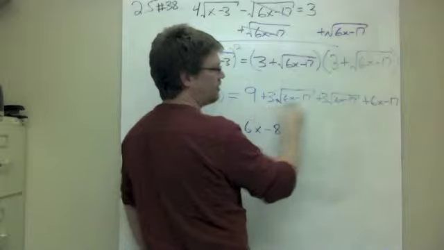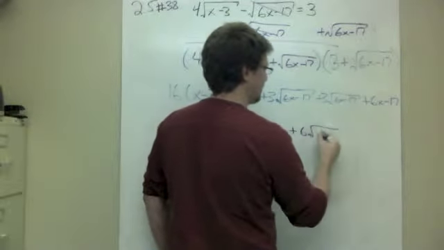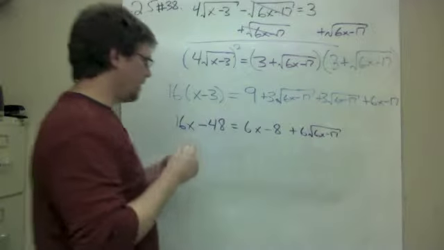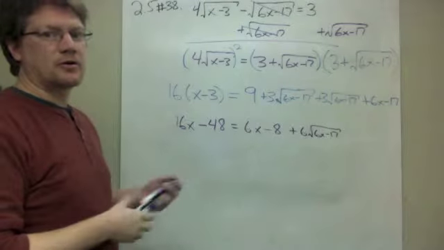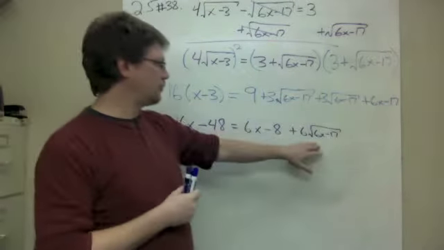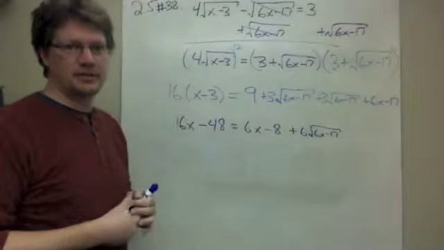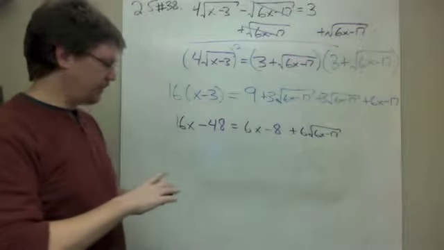And I have 3 of these roots and another 3 of these roots. I can combine those. I have 6 of my roots. Okay. All right. So now I have something that looks a little bit closer to what I had before. I only have a single root. If I move everything else to the other side of the equation, I'll be able to square both sides and finally get rid of my root.